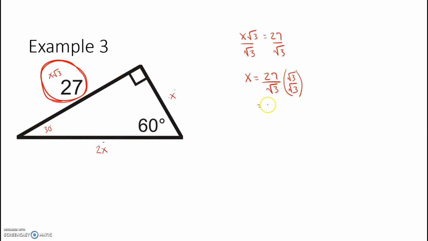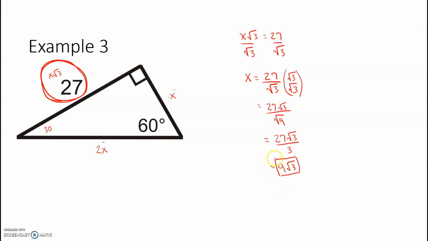Up top, we have 27 times the square root of 3. And in the bottom, we have root 3 times root 3, which is root 9. And I'm showing all my steps just because these are notes, and I want you to have everything. So here, the square root of 9 is 3. And then simplify if you can. So 27 root 3s divided by 3 gives me 9 root 3s.